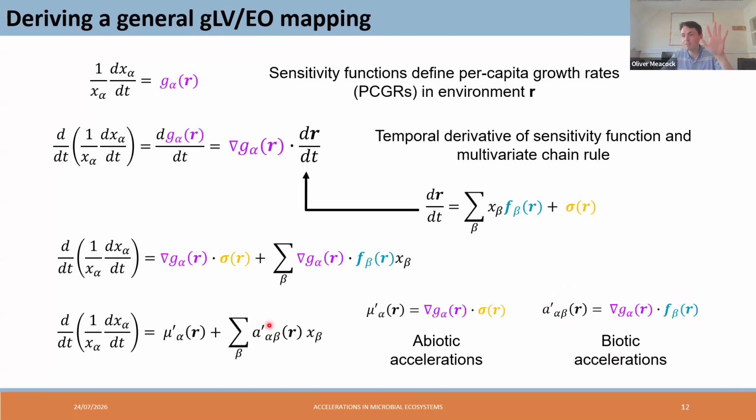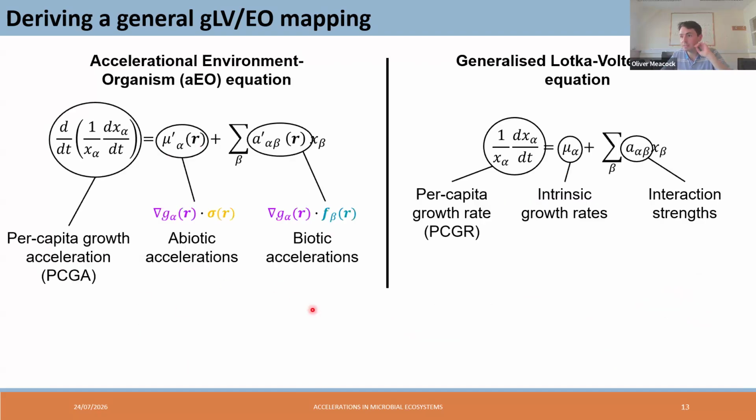All right. And I've written this somewhat suggestively, and there's a very good reason for that, because you'll see that these two equations do look quite similar to one another once we've expressed them in this way. So I want to emphasize that this is not Lotka-Volterra. We have a second order equation now, accelerations rather than rates, because we've combined these two timescales together.